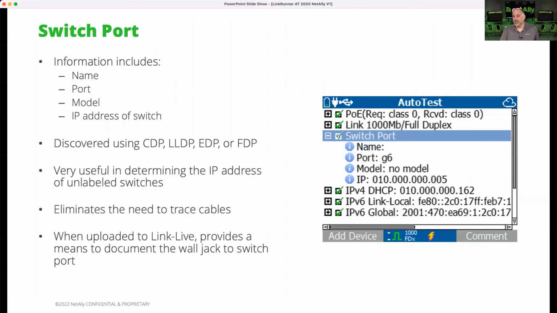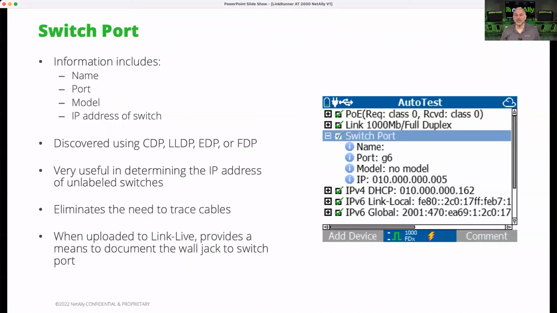We can add comments for office, building, floor, person's name, anything. So if that person's having problems in the future, all you have to do is go into Link Live, type in that wall plate, type in that office number, and it'll come back and tell you the switch and port that it's connected to. You don't have to go back out there.